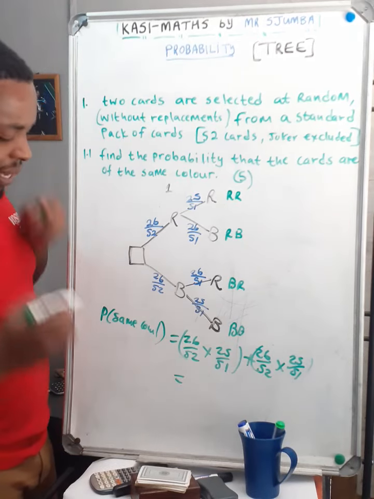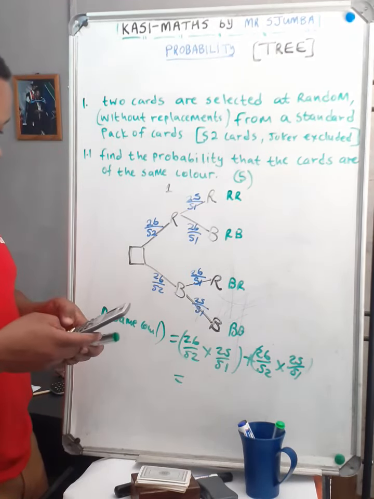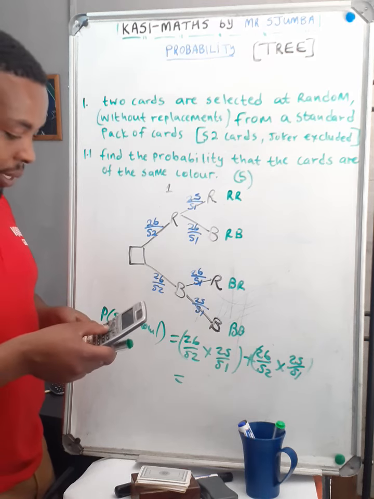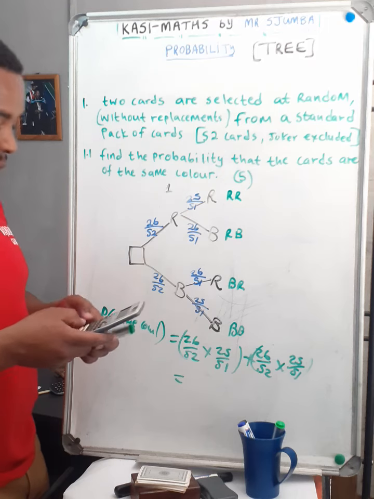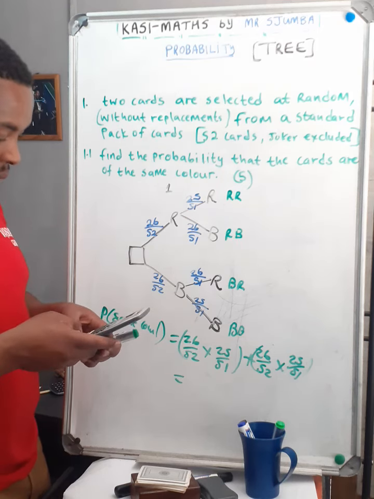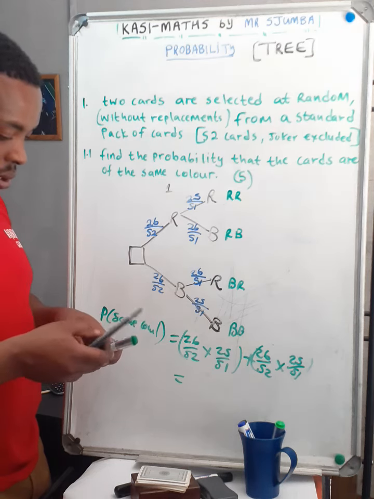The events are mutually exclusive, because you won't find a card that is black and also red. So now it's a matter of using the calculator and finding the answer.